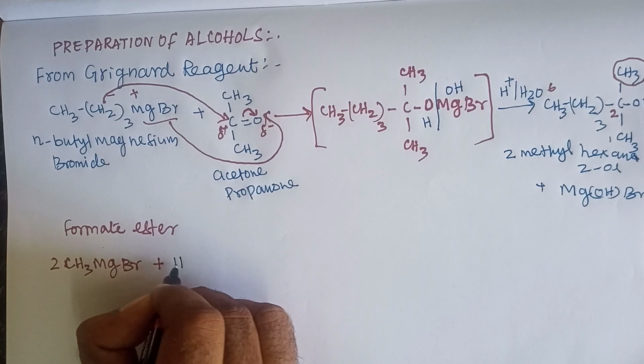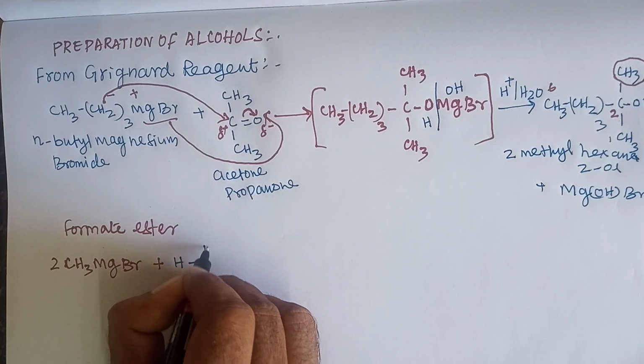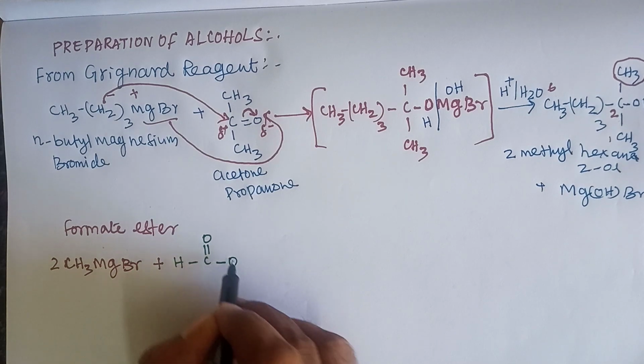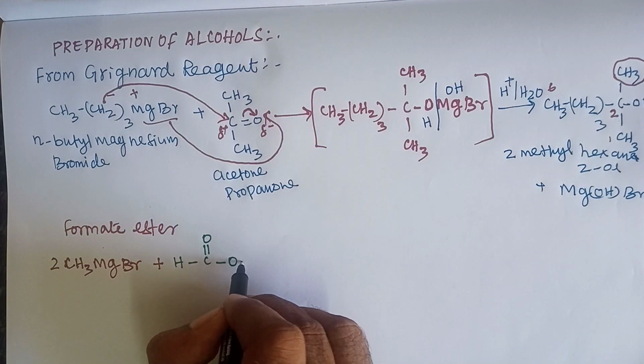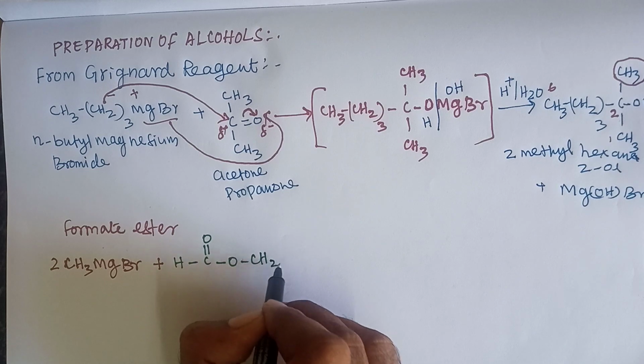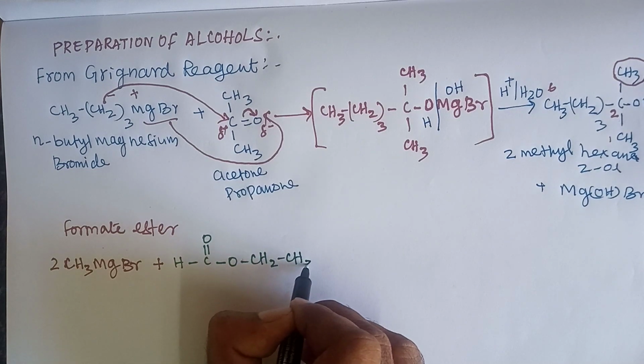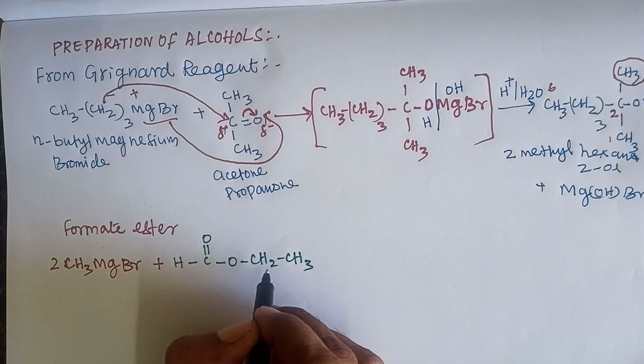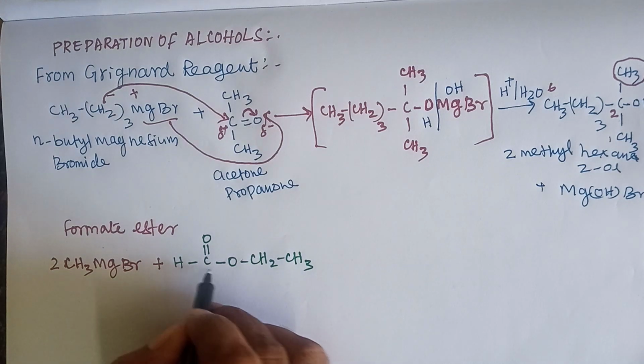Here it is an ester. The name of this compound: this is the ethyl group, and this is formaldehyde, a 1 carbon methane group.